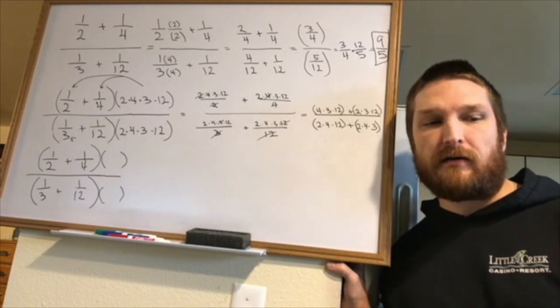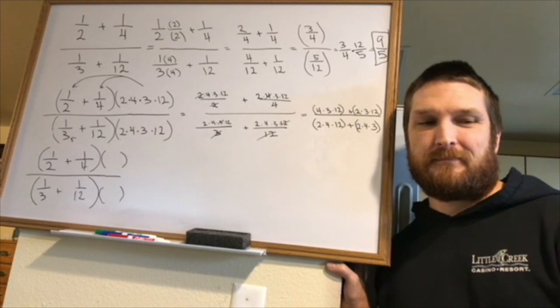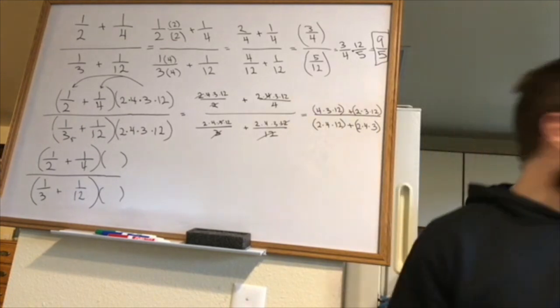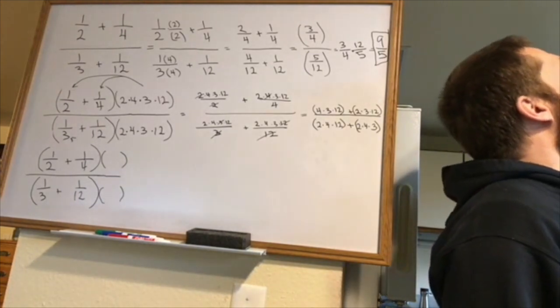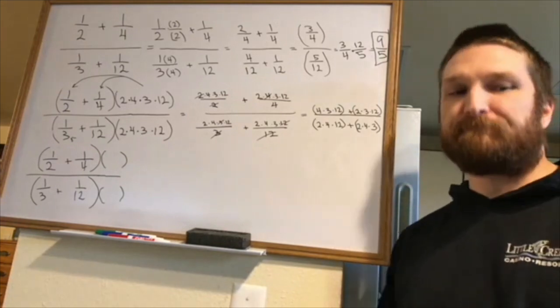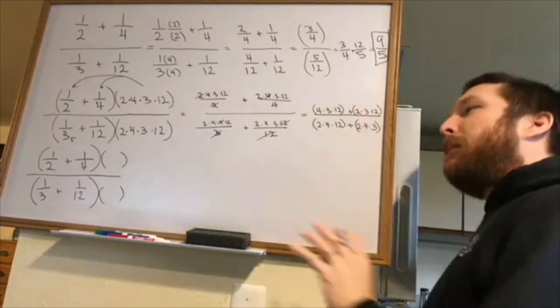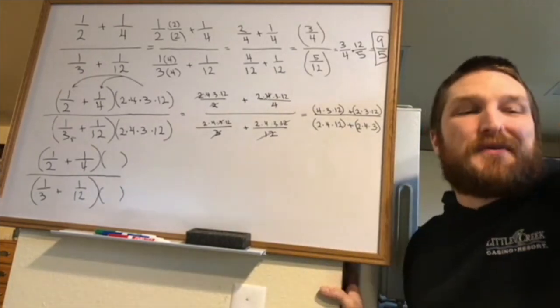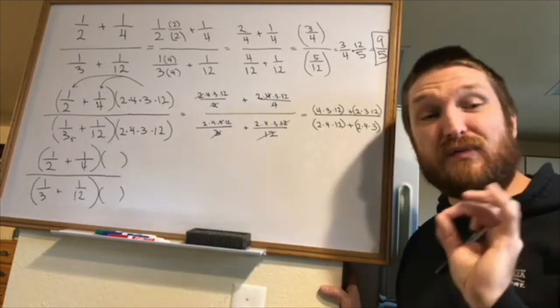Does 2 do it? No. 4? No. What is it? Is it 12? 12. And I don't want you to think you should be able to intuit this. You'll see when we start working these out, we won't need to do that.